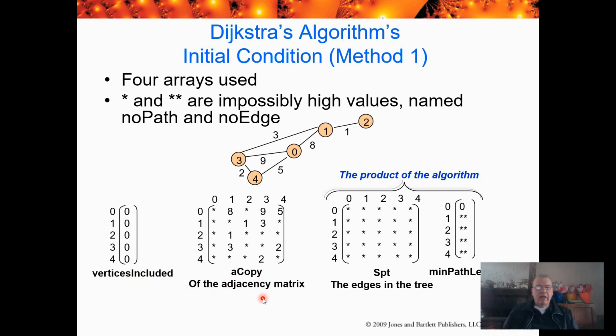And we take the adjacency matrix, the initial adjacency matrix, and we have this data structure that is going to hold the shortest path tree. That's what SPT stands for. And this is the edges that are in the tree. That's the 8 and 8 and so forth. And then the minimum path lengths.